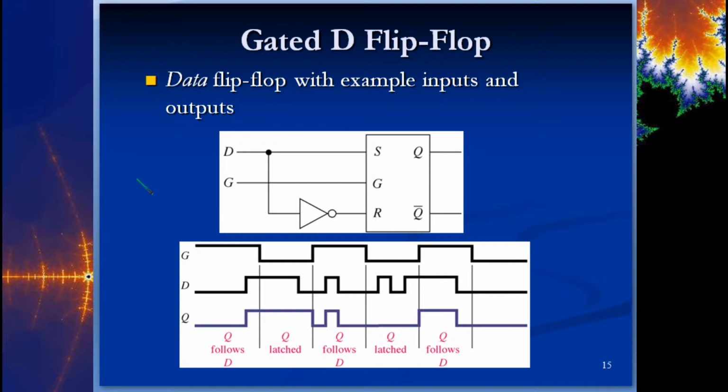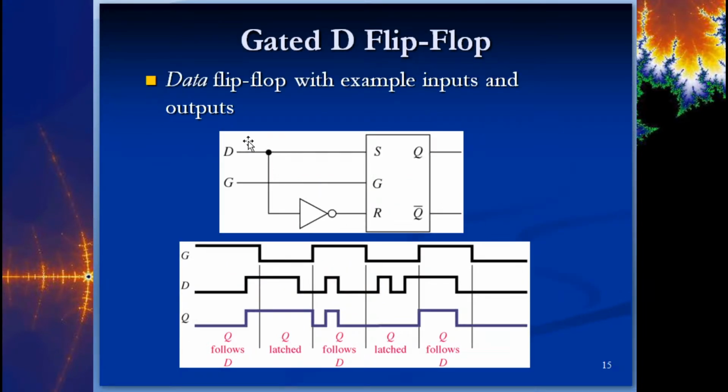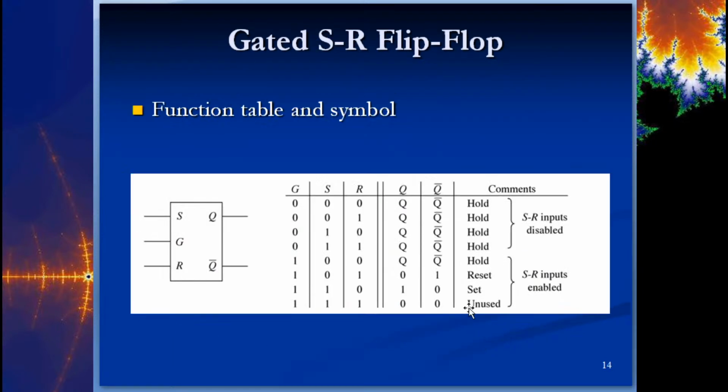And here we go. If you have this other kind of condition where you only have a single data input, we call this a D flip-flop, a data flip-flop. So you can see here with the previous example, we have a set and we have a reset. There's 2. Here, this cures us of the situation where we have an unused condition.